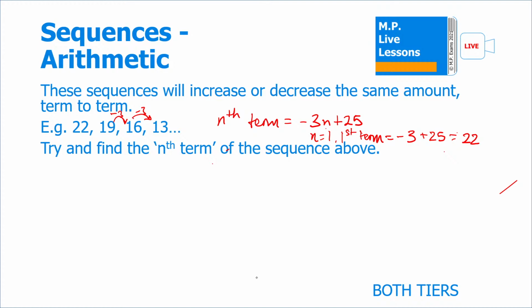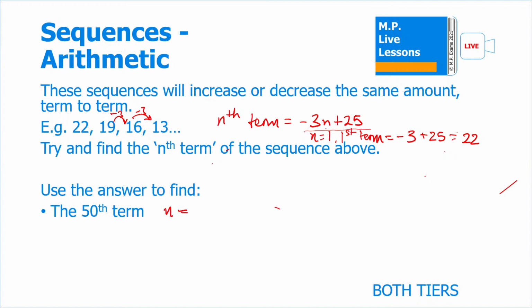Now, use the answer we've got, which is negative 3n plus 25, to find the 50th term. So that means we substitute n equals 50. So the 50th term is equal to minus 3 times 50 plus 25, which is negative 125.